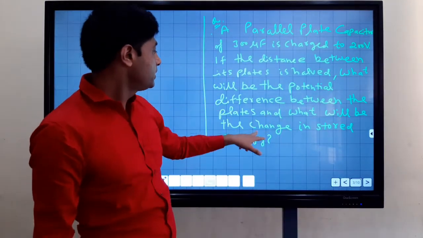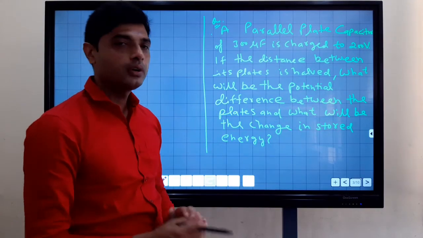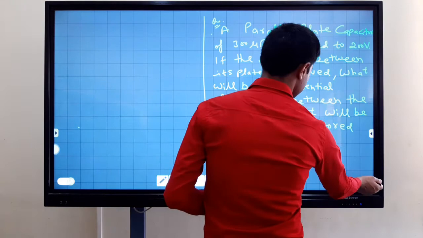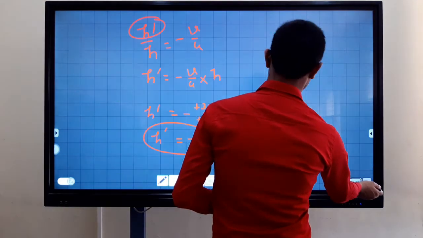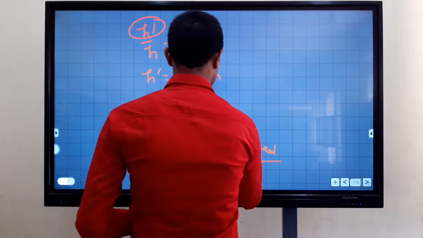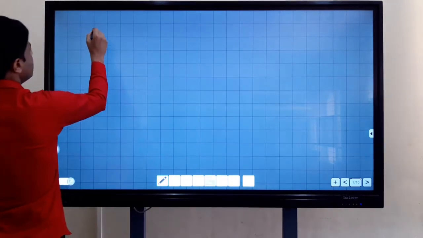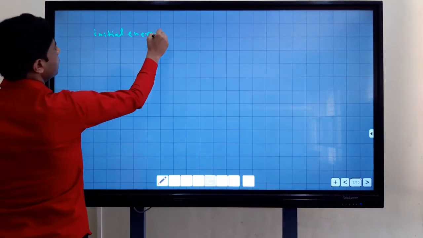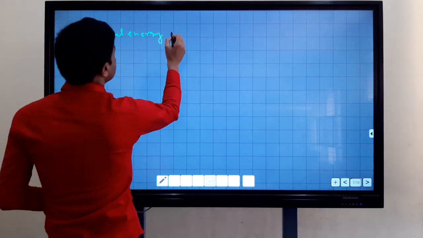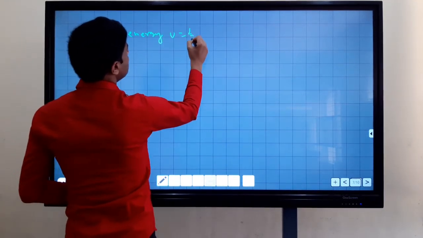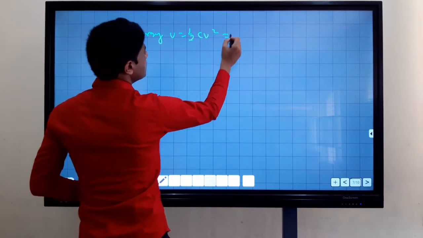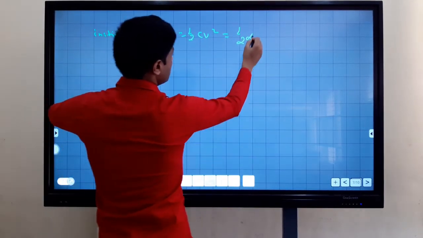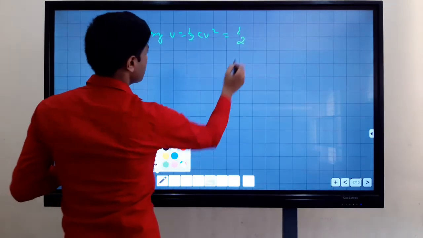Now what will be the change in stored energy? We also have to find the change in energy. The initial energy U equals 1 upon 2 CV square. It means 1 upon 2, the value of C. What is the value of C?